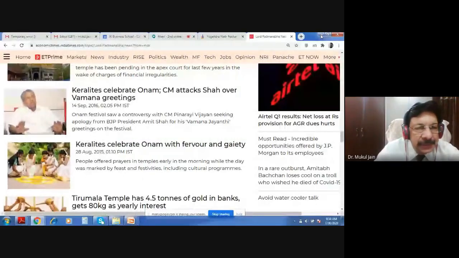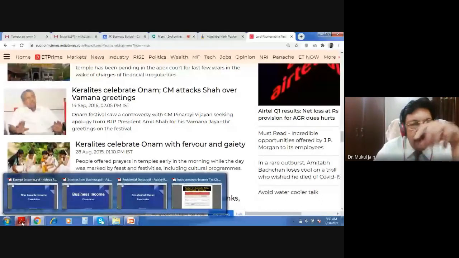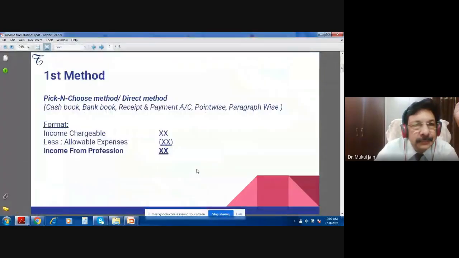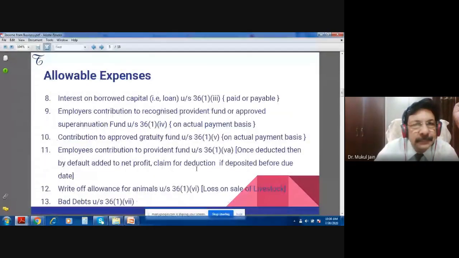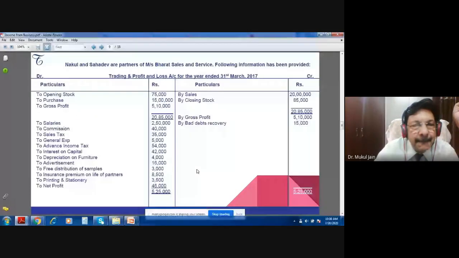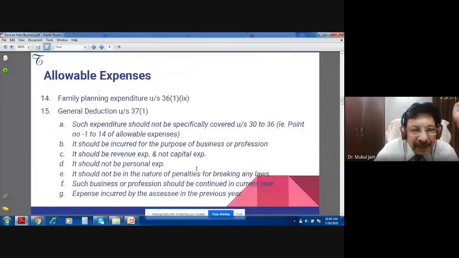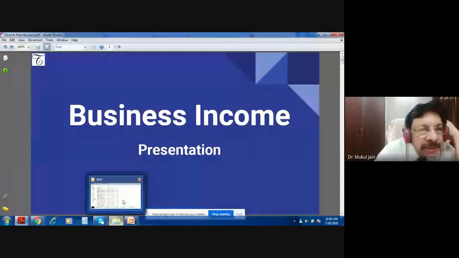Now, business income, non-taxable income. गिव मी 1 मिनट, मैं आपको एक और इजी टॉपिक, presumption of income का इसमें है, presumptive.